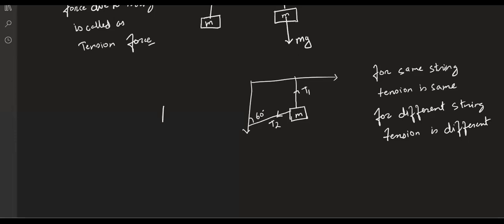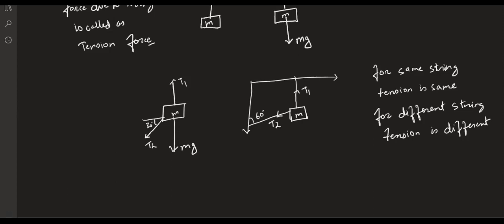So this is your object. Now, what are the forces acting on this? Downward direction, mg. Upward direction, we have T1. And in this direction, we have T2. Now, this angle is 60 degree, so this angle is 30 degree.